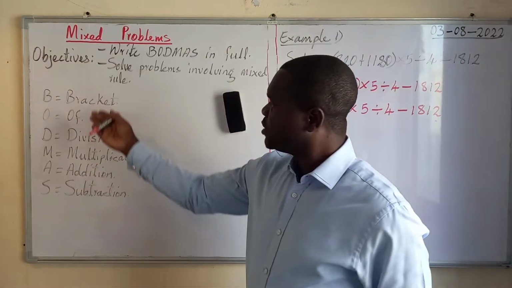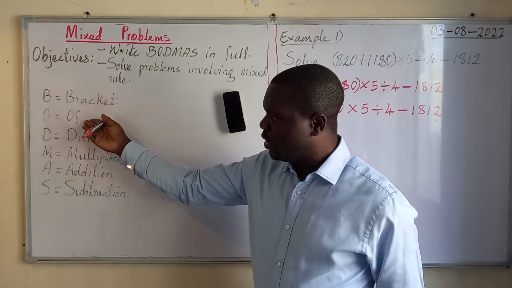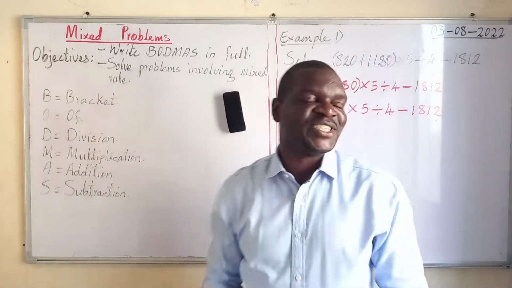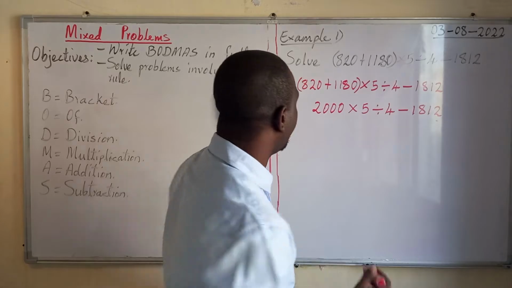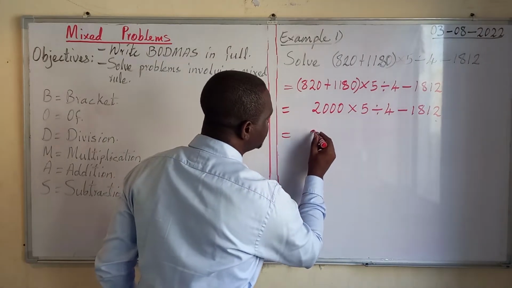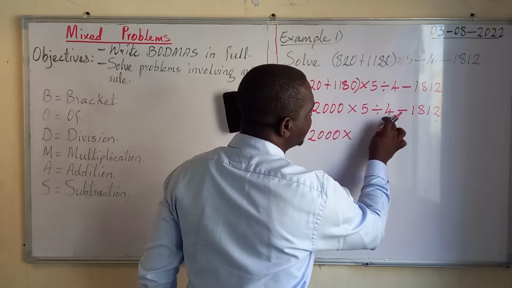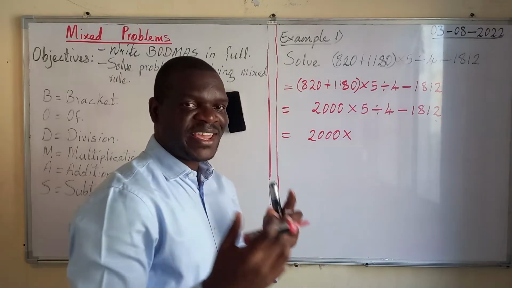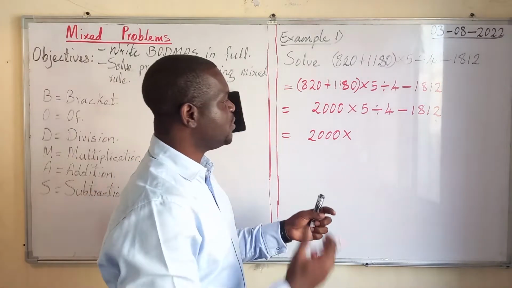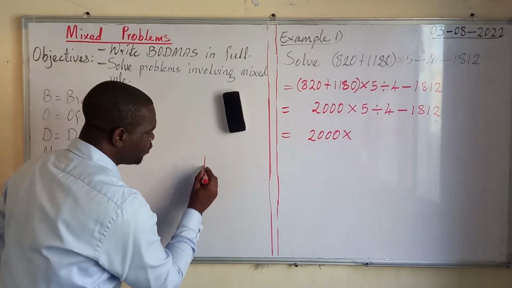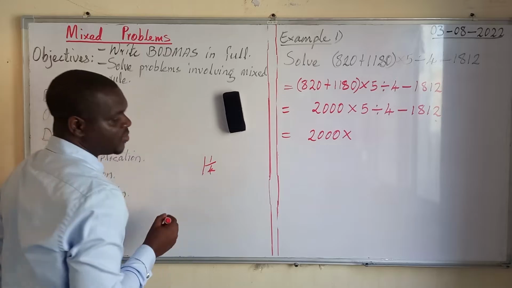With the rule of BODMAS, we finish with brackets. There is no of. We have division. So the next will be division. And here is where we have division. So it will be 2000 times 5 divided by 4. It will give us a fraction. And this fraction will be 1 and 1/4.